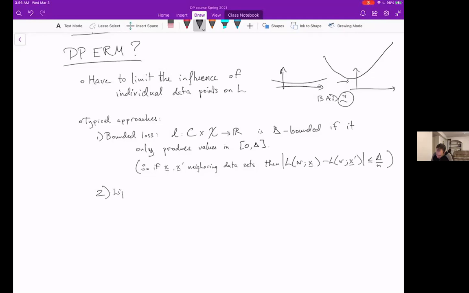Another really useful one is going to be to look at what are called Lipschitz loss functions. Or the full way of saying it is a Lipschitz continuous loss function. It's a notion of continuity that was named after some mathematician. The idea is that a function is Lipschitz if it's not only continuous, but if the slope, the rate at which it changes, so the gradient, if it has one, is bounded everywhere in the domain of the function by some constant.